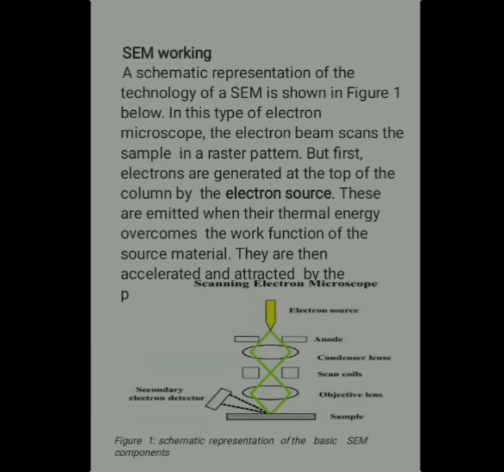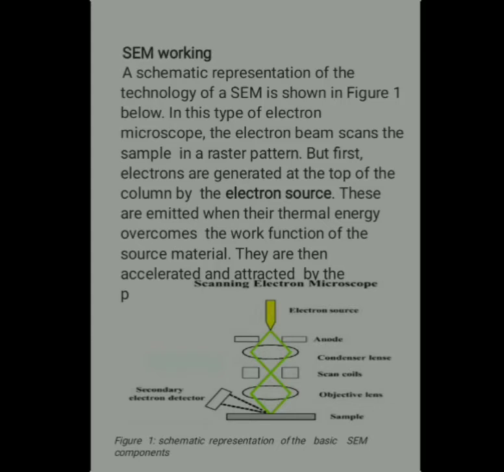These are emitted when their thermal energy overcomes the work function of the source material. They are then accelerated and attracted by the positively charged anode.